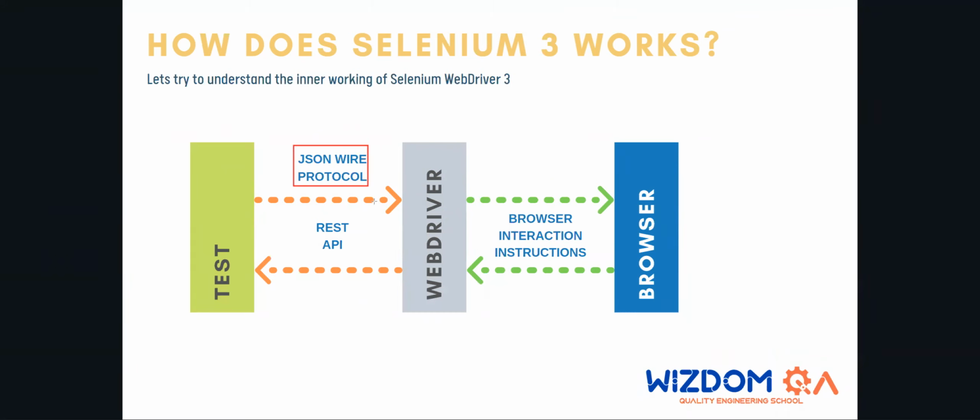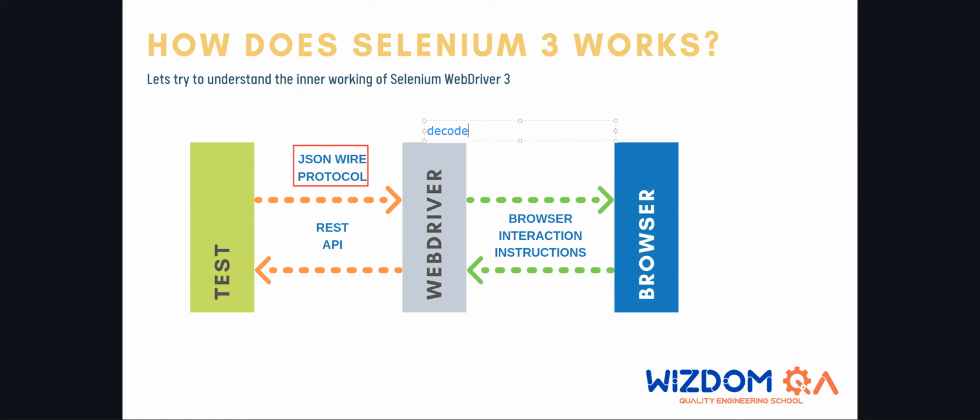This REST API server, as soon as it gets that encoded instruction, it will then decode it, correct? After decoding it, it will understand, okay, I have to perform an action in a Chrome browser. I have to go to this particular application, find this particular element in the web page, and then click on a particular element.